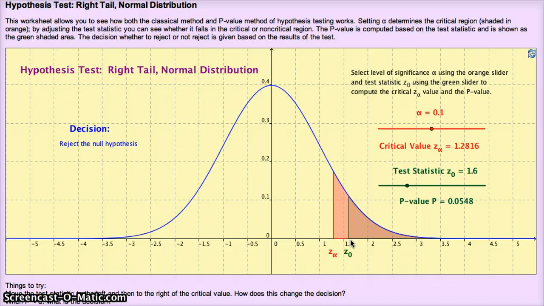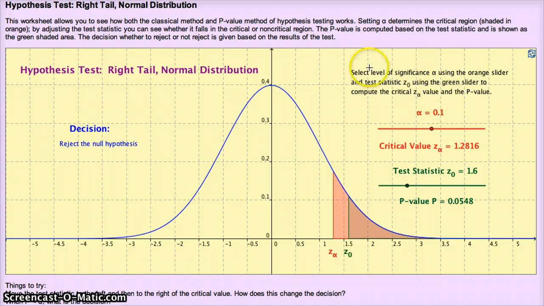It's a probability associated with the test statistic, and when that probability is so small, it's a significantly unusual result, that there must be something wrong, as opposed to just random variation in the volume of perfume going into the bottles. So that's a p-value hypothesis test where you're comparing the area or the probability to the alpha value directly. So those are the two ways to do a hypothesis test.